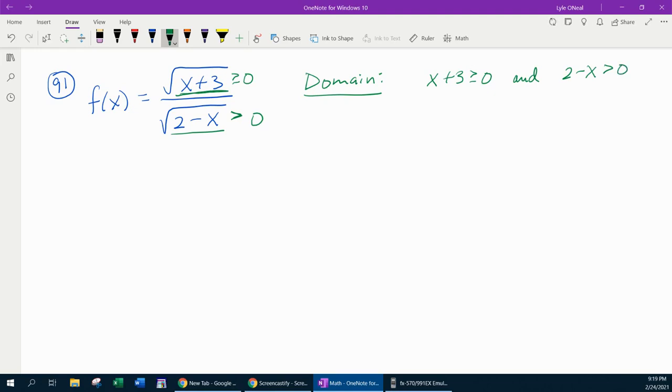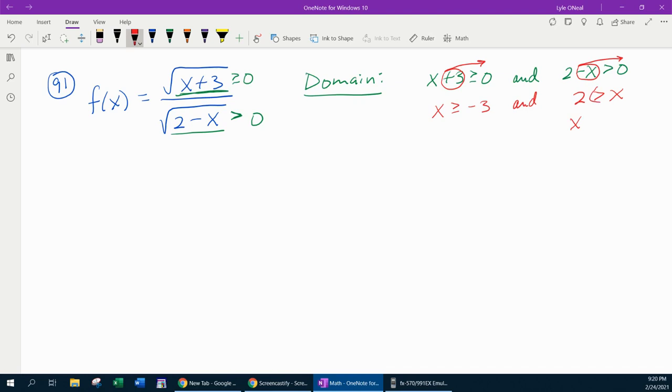And now if I solve both of these inequalities for x, I will have the restrictions for the function. All right, here we go. Moving the 3 over, we see that x must be greater than or equal to -3. And on the other one, I'm going to move the negative x over, which is going to say 2 is greater than x, and then I'm going to flip that around.